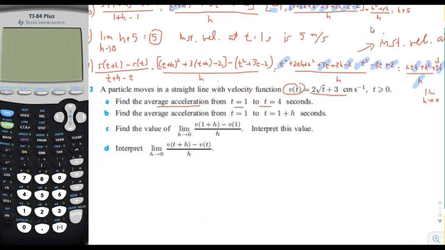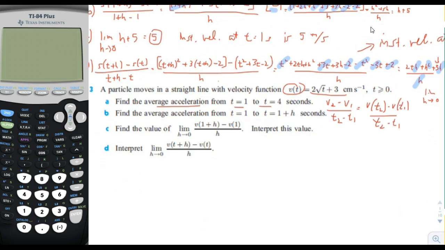Okay, remember the average acceleration is equal to the second velocity minus the first velocity divided by the second time minus the first time. And the second velocity would just be v of t2 minus the first velocity, v of t1, divided by time 2 minus time 1.